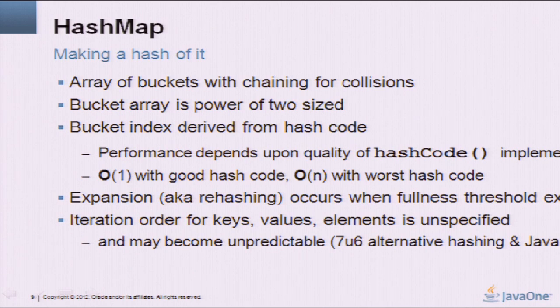So high quality hash code implementations are absolutely essential for quality map or hash map performance. If you don't provide a good hash code, you're going to get order n behavior, in which case it's kind of questionable as to why you're using a hash map at all.